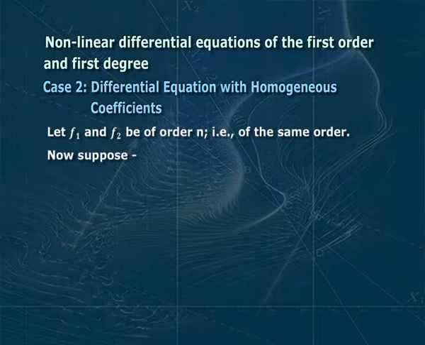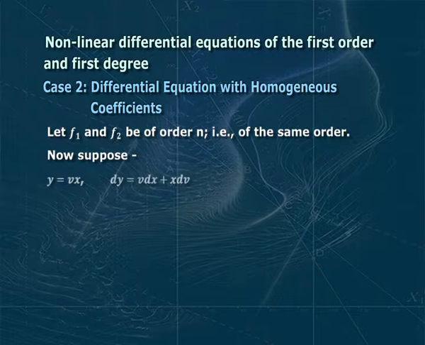If f1 and f2 are of order n, that is, of the same order, now suppose y is equal to vx and dy is equal to v dx plus x dv.